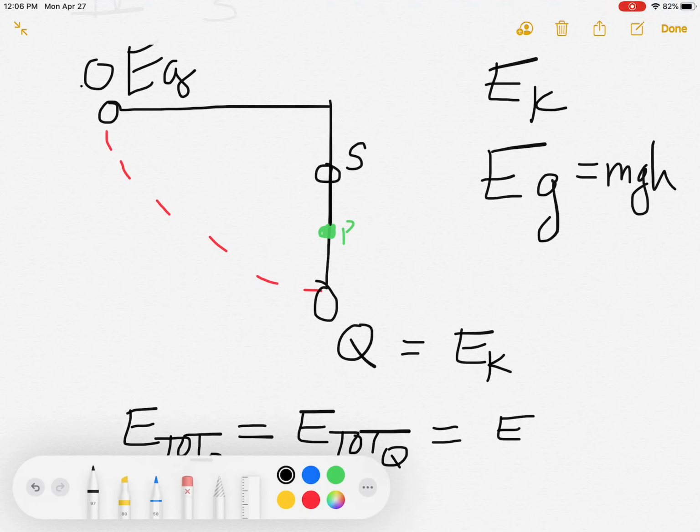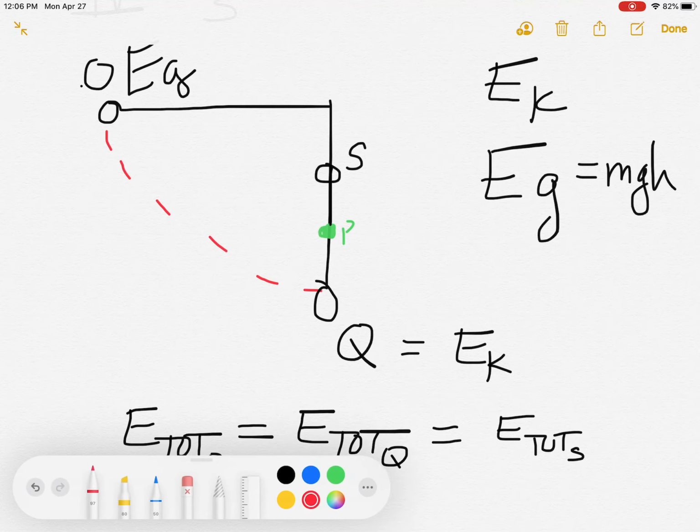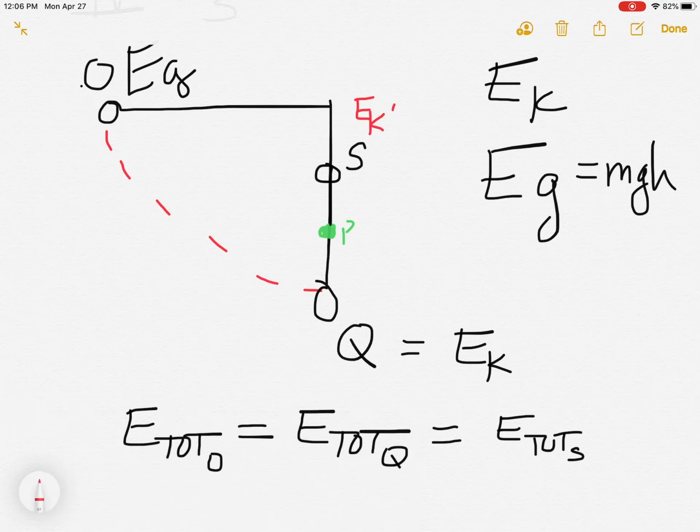But also you can equate this to the energy at position S as well. That says total. No, it doesn't. Let's fix that. E total position S. Now, the difference at position S is that the object hasn't stopped. It's going to keep swinging around the peg, right?